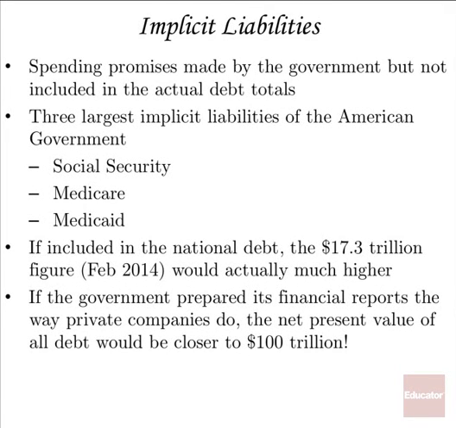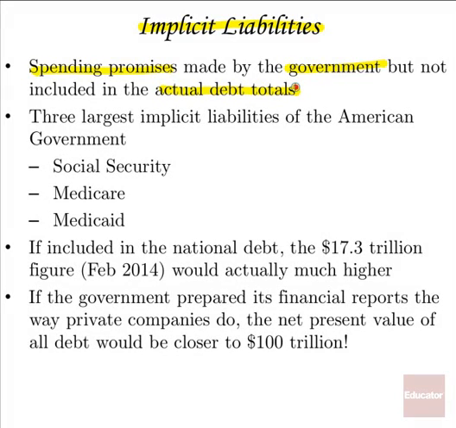So one type of debt that we haven't really talked about, I mentioned earlier in the lecture, is implicit liabilities. These are spending promises made by the government, but not included in the actual debt totals, because this is money that's promised, and it depends on how long people live. For example, Social Security is promised to people, but if an individual dies earlier, then less Social Security is going to be paid out.